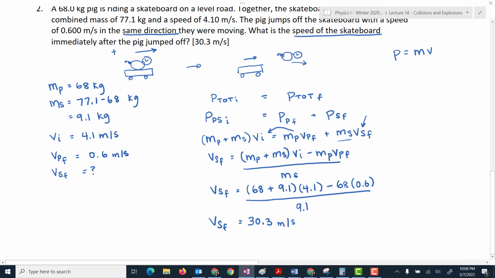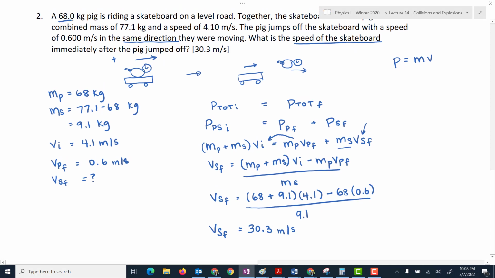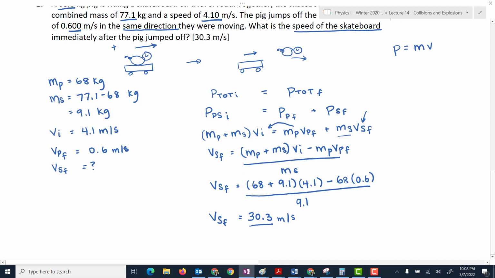Okay, so that is the velocity of the skateboard after the pig jumps off. And again, if we looked at significant figures, there's 3 over here, 3 over here, 3 over here, 3 over here, so my answer should also have 3, so that's good.